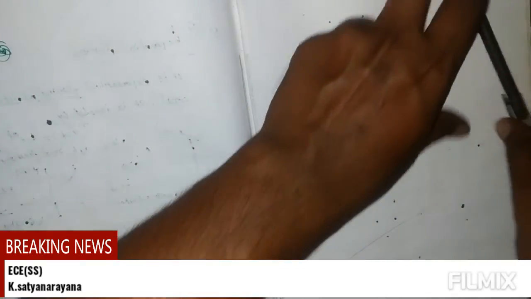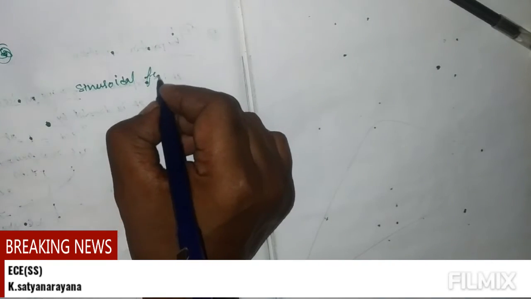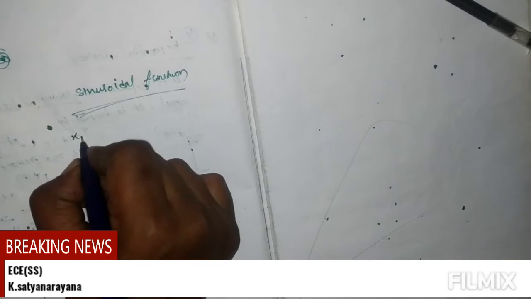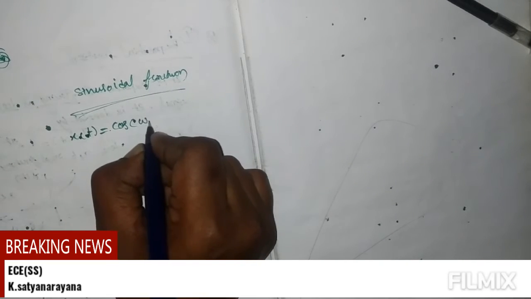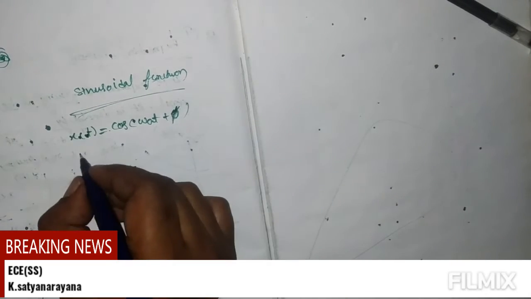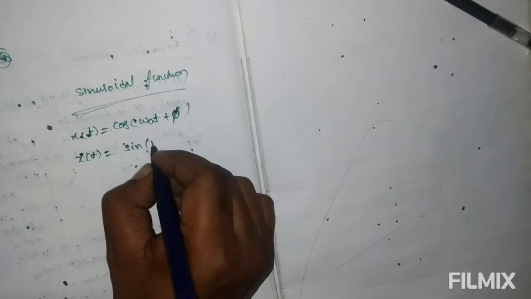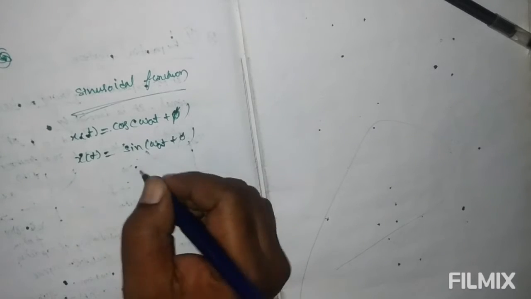Coming to the sixth one, the sinusoidal signal or sinusoidal function. The representation is x of t equal to cos of omega naught t plus phase angle phi, or x of t equal to sin of omega naught t plus phase phi.